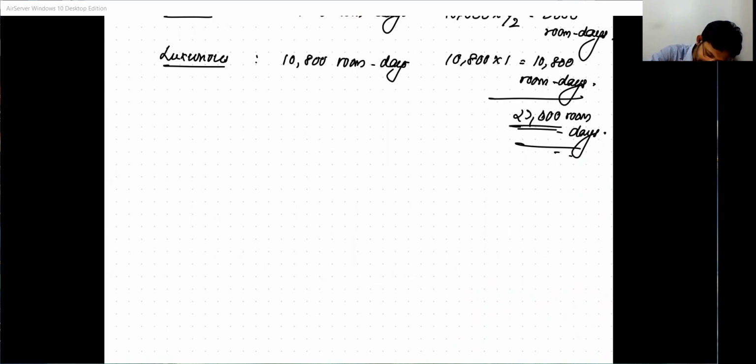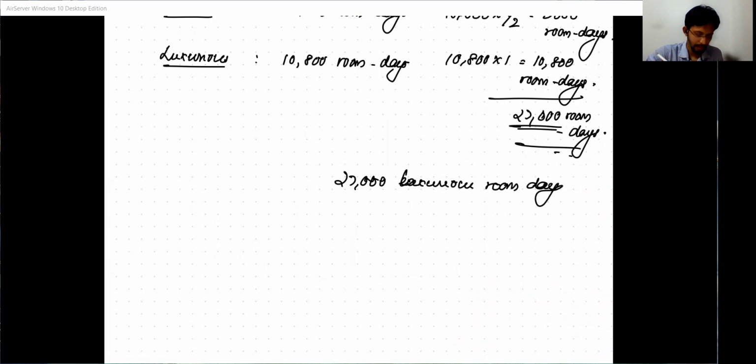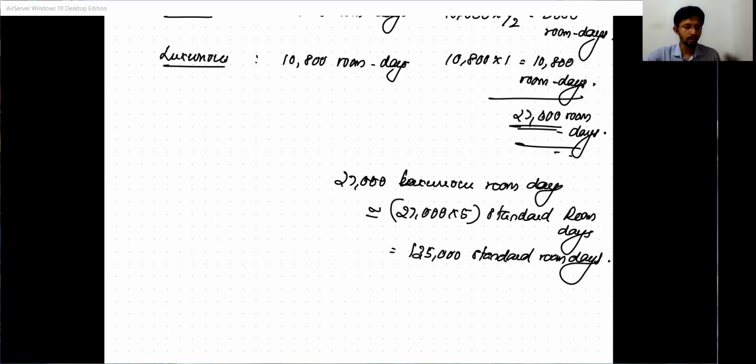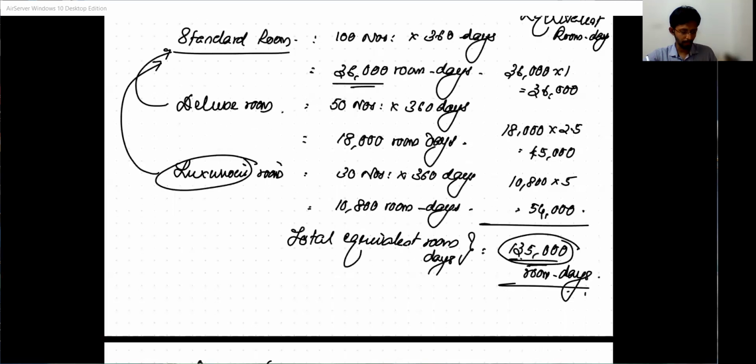So 27,000 luxurious room days is equivalent to 27,000 into 5 standard room days, that is equal to 135,000 standard room days. So this is how you compute the equivalent number of units.